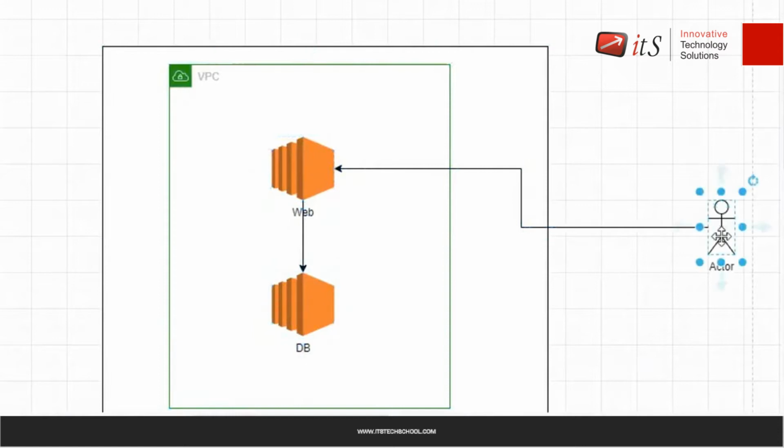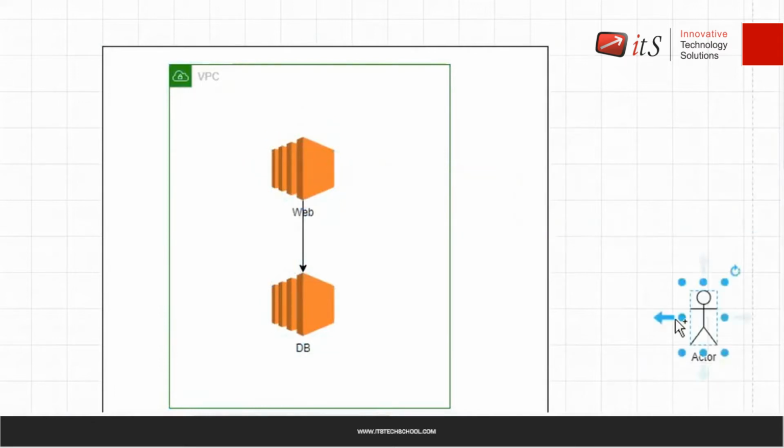So nobody from the outside is going to directly connect to the database. They are just going to connect to the web server, using the internet. The medium that they use for connectivity is the internet that everybody uses, like we regularly access google.com, facebook.com, instagram.com.